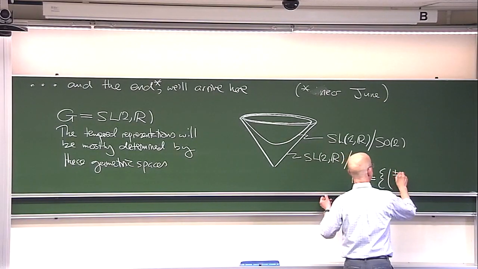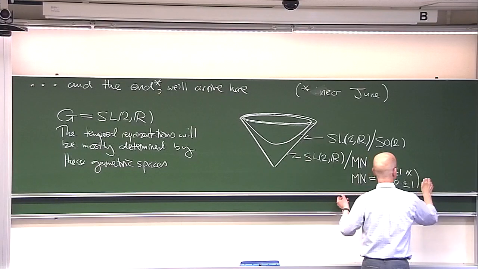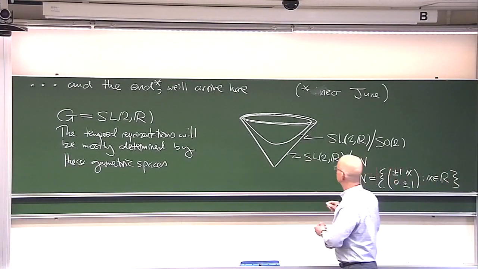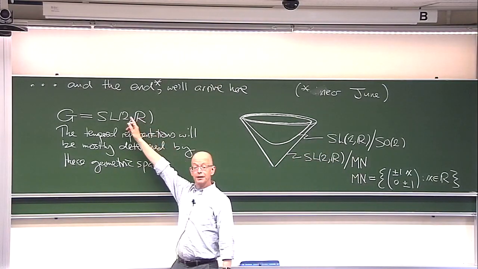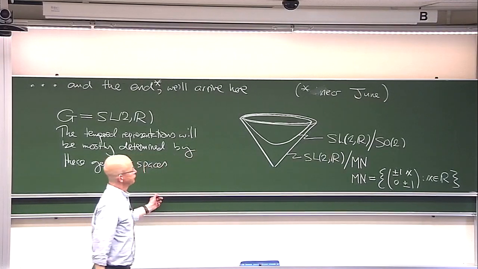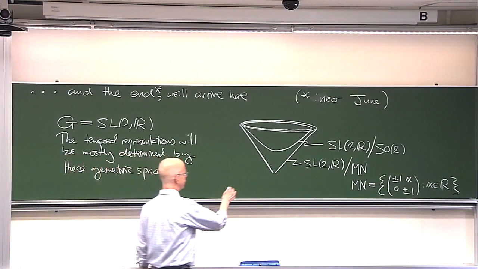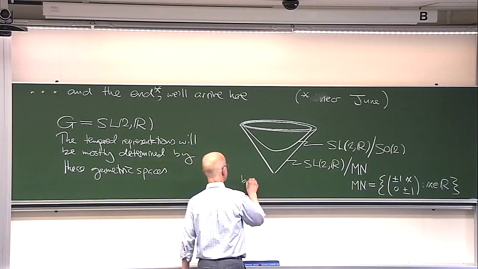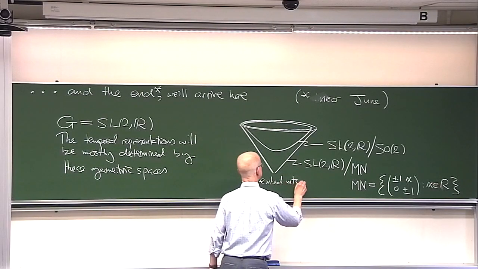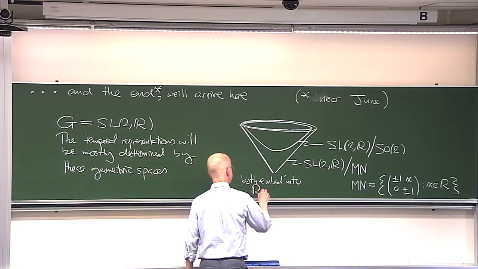It's just a set of matrices which look like this. So SL2R means 2 by 2 real matrices with determinant 1, as you know. And I've drawn 2 homogeneous spaces here, and they sit naturally in this particular case. These sit naturally in R3.